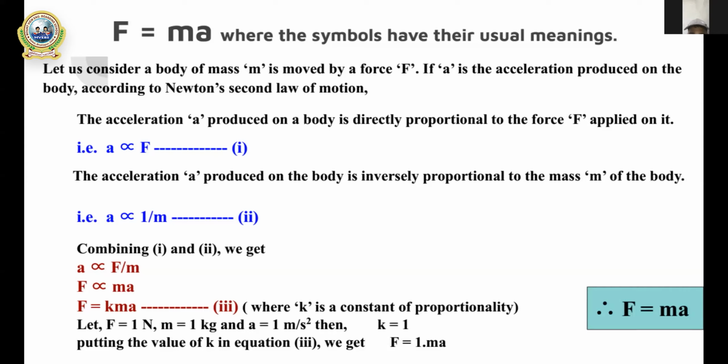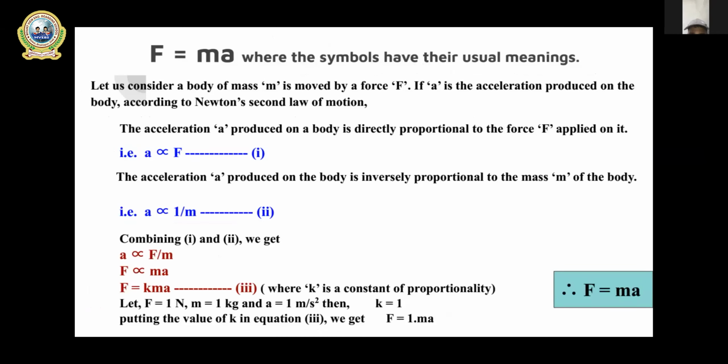Now rearranging the equations, here we have F proportional to MA. So M cross multiplies with A. If you take the M to the left hand side, then there will be MA, and by changing the side, you bring the F to the other side. So here we have F proportional to MA.